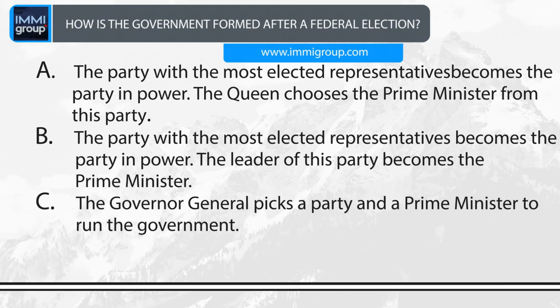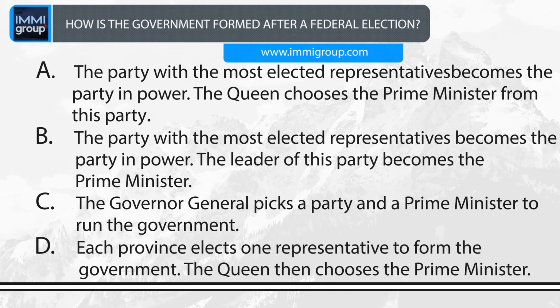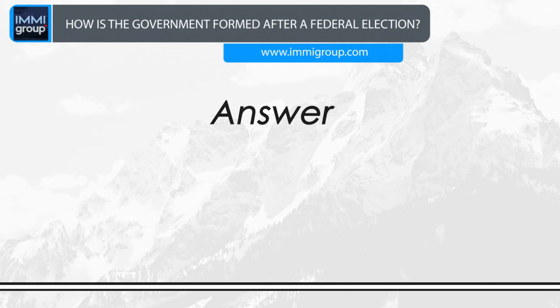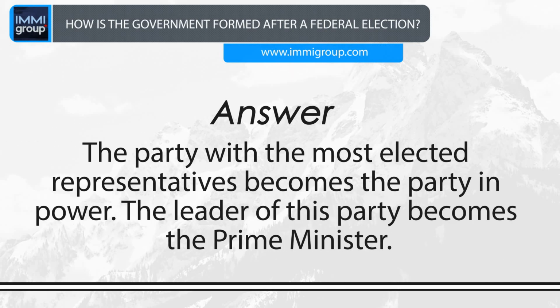C. The Governor-General picks a party and a Prime Minister to run the government. D. Each province elects one representative to form the government. The Queen then chooses the Prime Minister. Answer: The party with the most elected representatives becomes the party in power. The leader of this party becomes the Prime Minister.